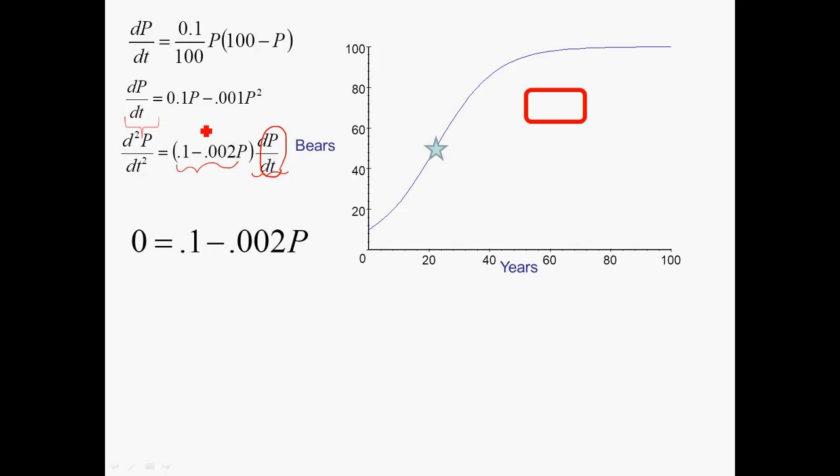Now remember, we are talking about rates of change when the population and time are all greater than 0, right? So since this is always positive, because the first derivative, the slopes are all positive.